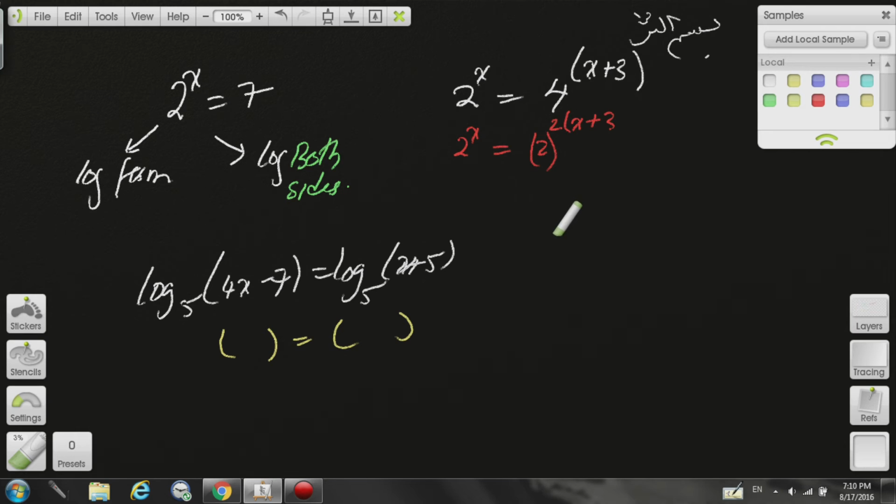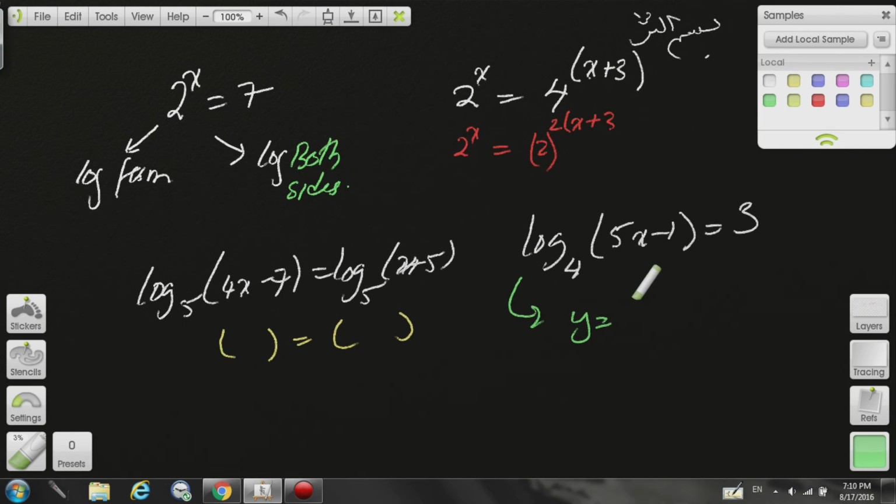And then I gave an example like this. In this case, we changed the logarithmic form to the exponential form, and then we solved it. So we changed this into b to the exponent 3 equals 5x minus 1, and we solved it that way.